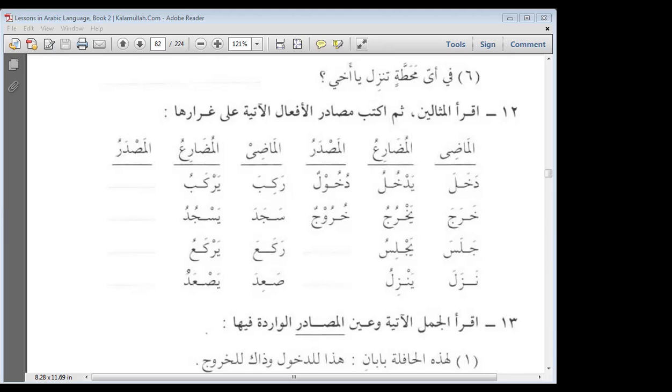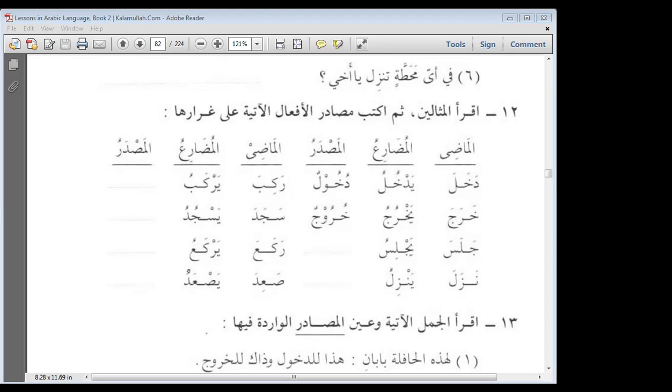So it's a noun, or what you might call a verbal noun. A verbal noun. Right? So it is formed from the verb. It uses the same root letters of the verb. All right, the same three root letters. However, there are various patterns in which you take these root letters and you apply them, or you put them in this pattern, and you get the masdar, or the verbal noun from the verb.